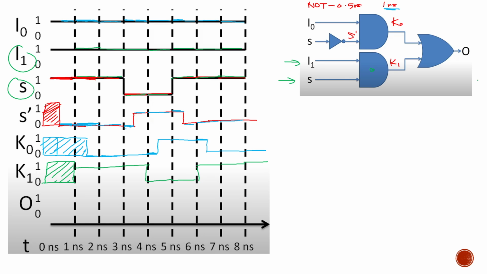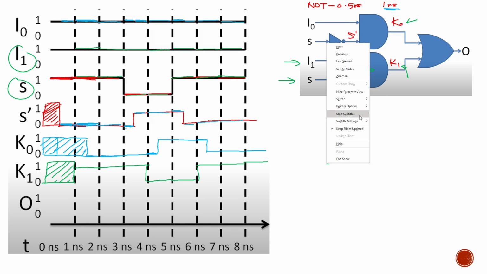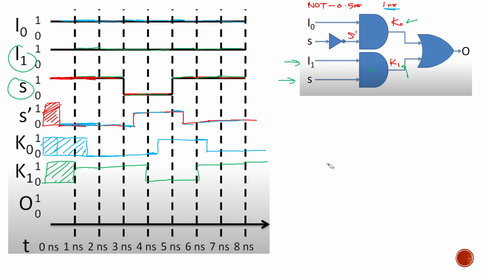So finally, how do we get the output? The output depends on the value of K0 and K1. Let me change my ink color so it's easier to see. Let's take purple. The output is going to be dependent on K0 and K1.